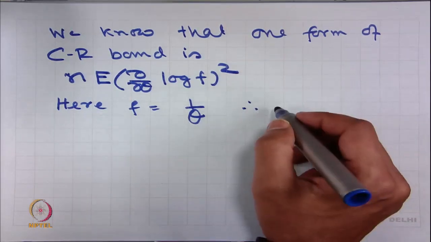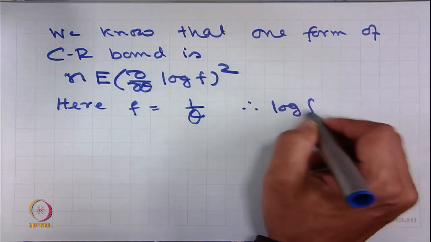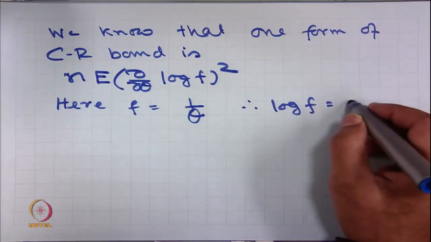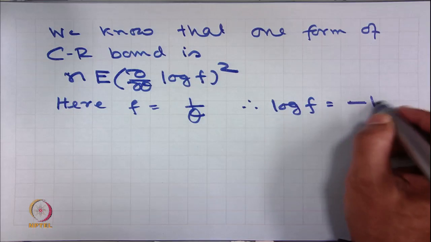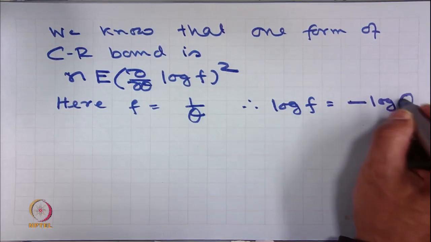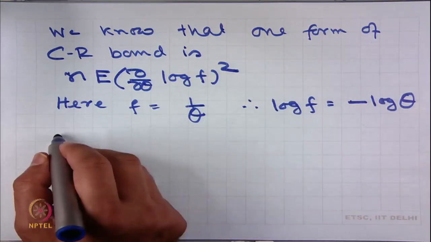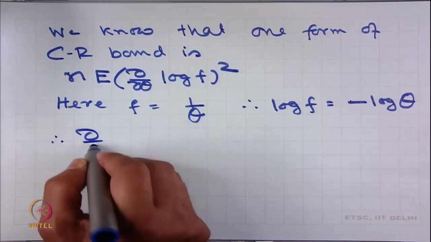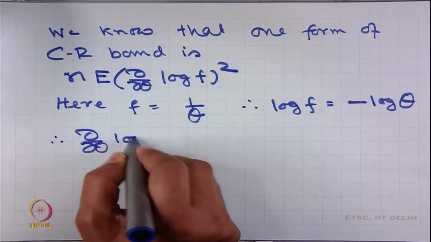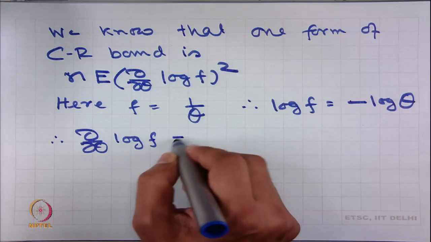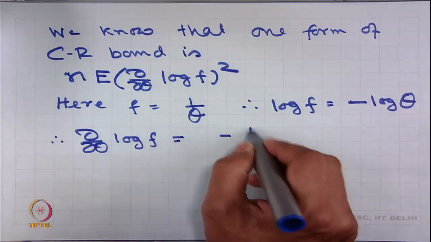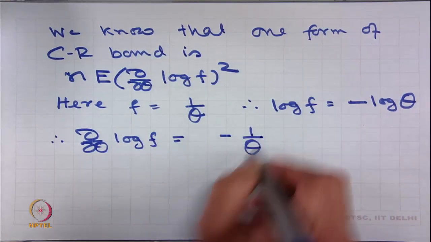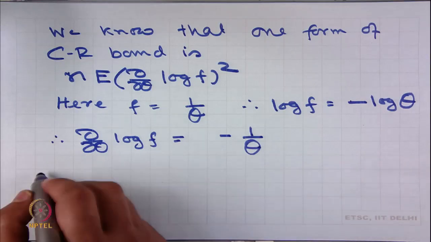Therefore, log f is equal to minus log theta. Therefore, del theta of log f is equal to minus 1 upon theta.